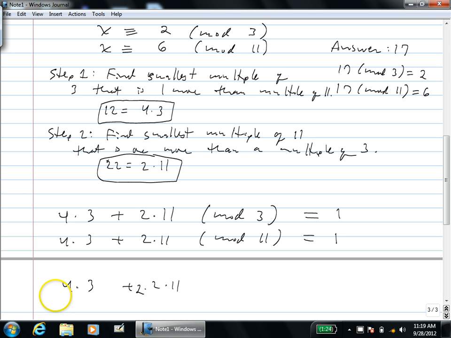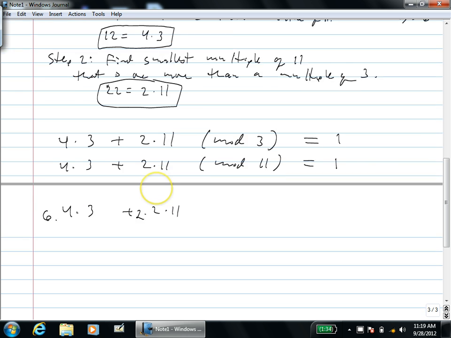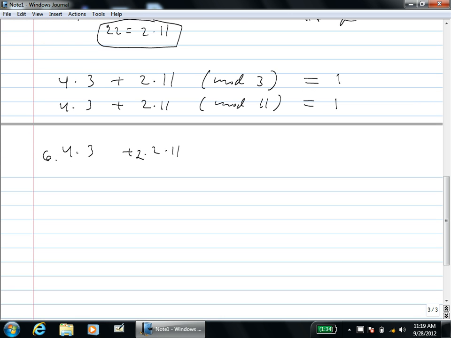If I put anything here, it's not going to change what happens when I divide by 3, because that has a 3 in it. And I put the 6 over here. Now I'll just give you a second to look at this and convince ourselves why this works. If I take this thing and I mod it by 3, this thing will not affect the remainder.